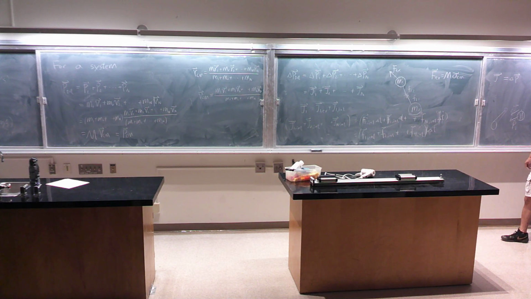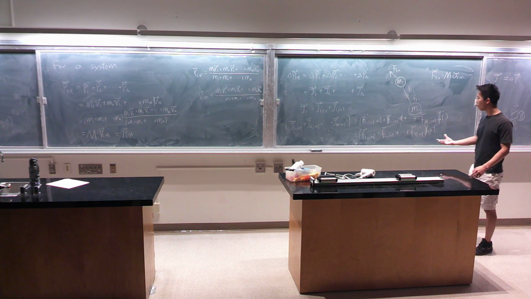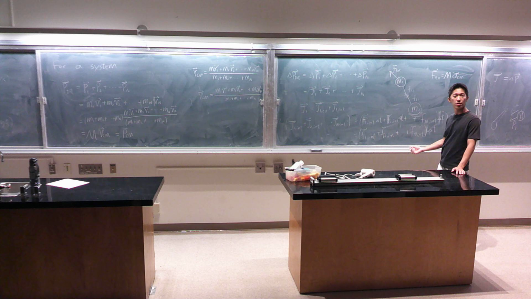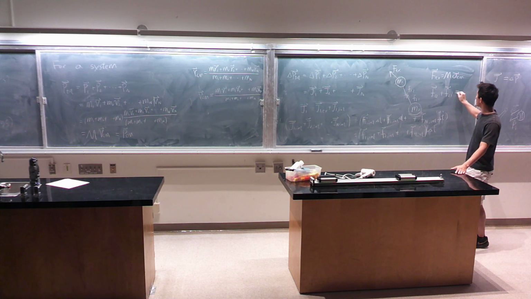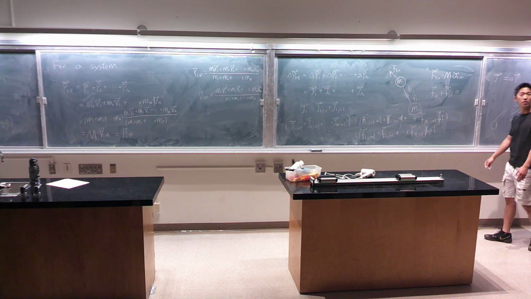And now, do you remember what the sum of all the internal forces will be? In this case, the internal forces are F12 and F21. What is the sum of F12 and F21?